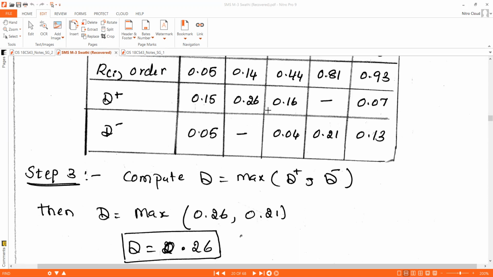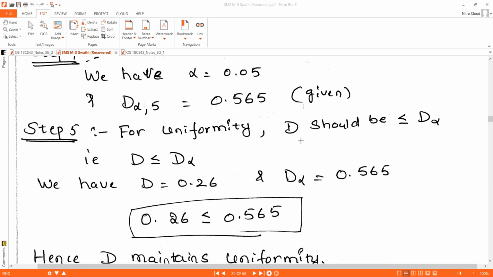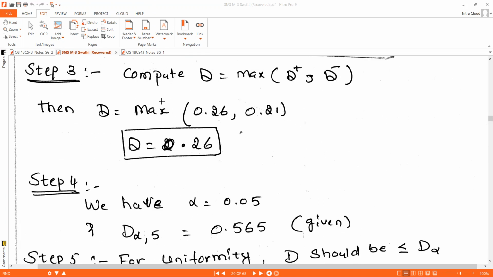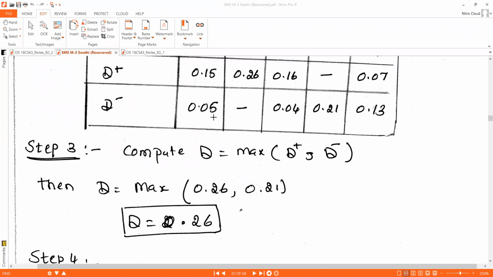That is 0.26, so in d plus place we'll write 0.26. What is the maximum value in d minus? That is 0.21, so we'll write d minus value 0.21.